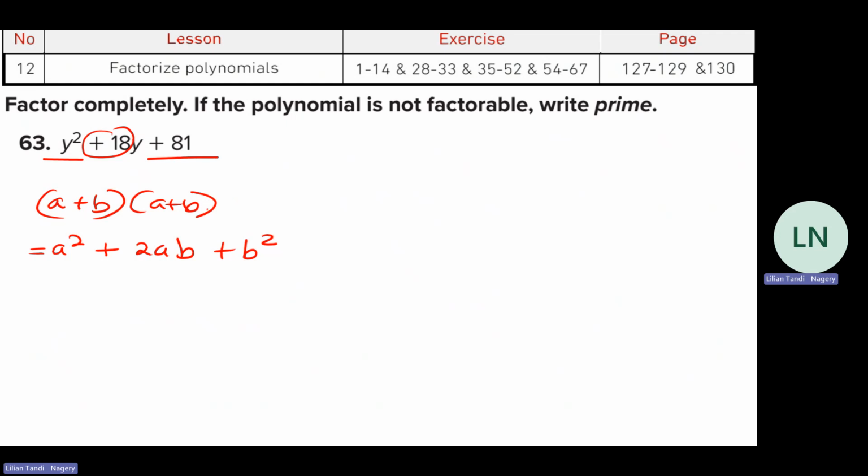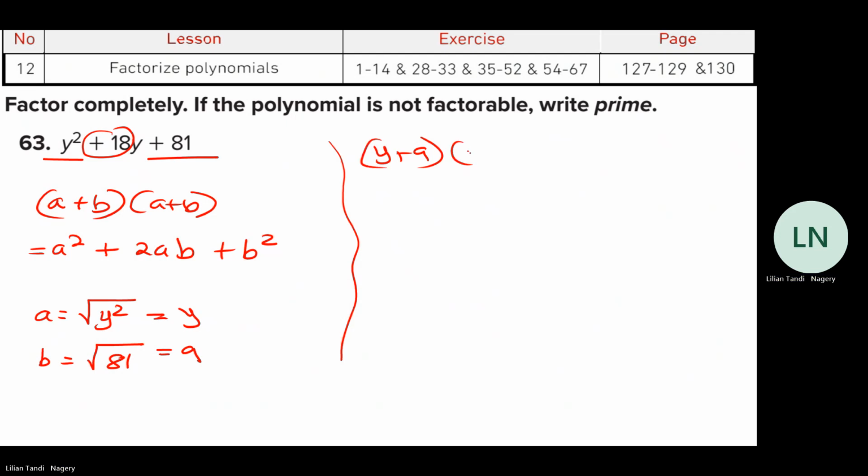Okay, and so I just find my A and B. A equals the square root of y squared, and B equals the square root of 81. This gives me y, and this gives me 9. So my factors are y plus 9, y plus 9. Okay? Which gives me y plus 9 squared.